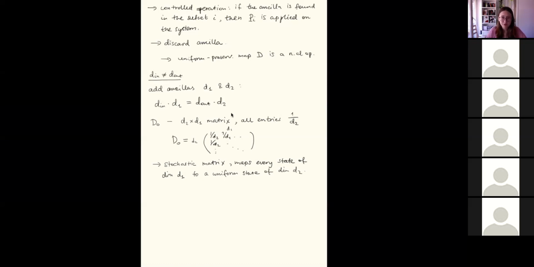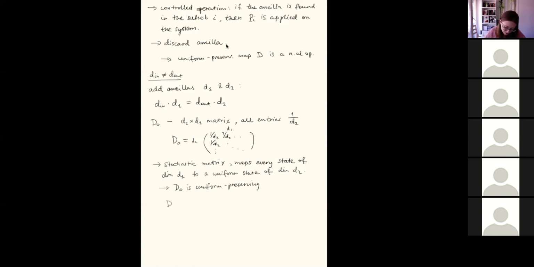Since it maps every state to a uniform state, it must be uniform preserving. So D0 is uniform preserving, because since it maps every state, it also maps a uniform state to a uniform state.